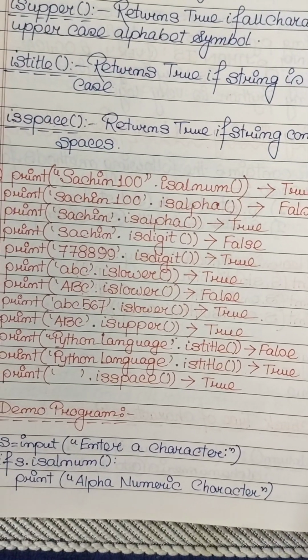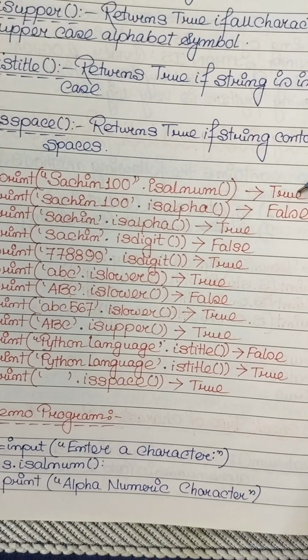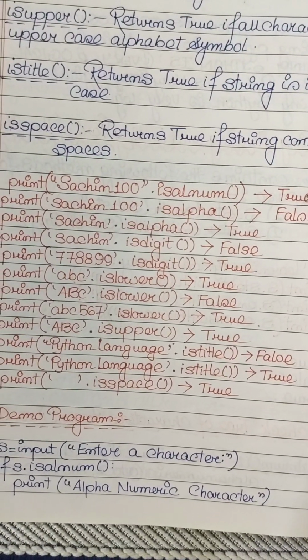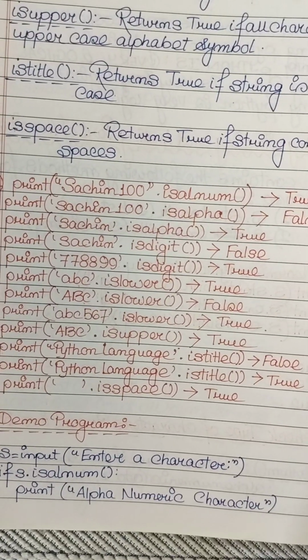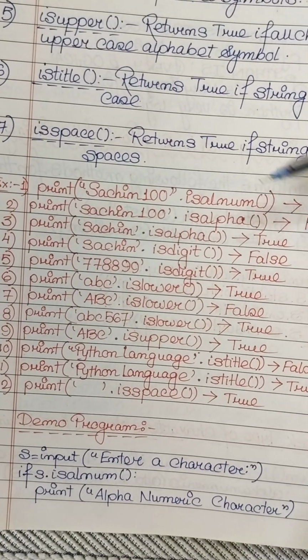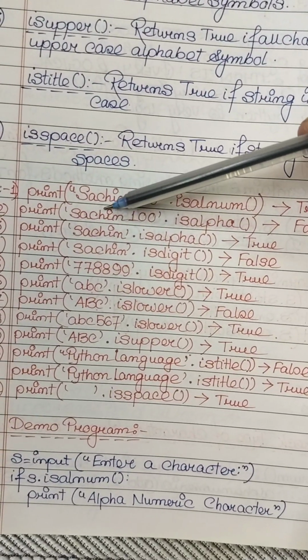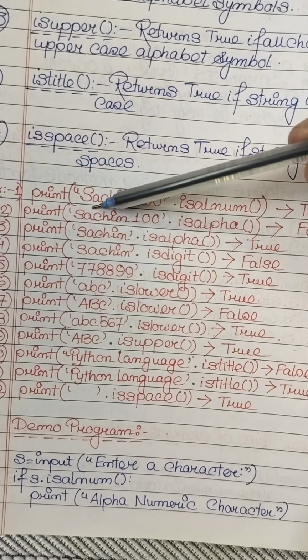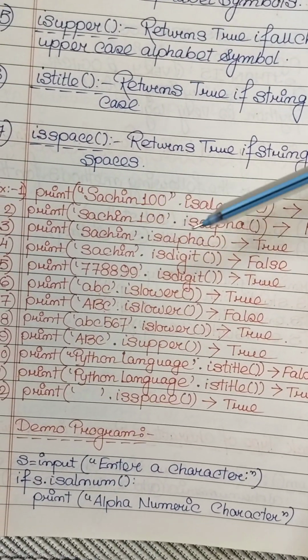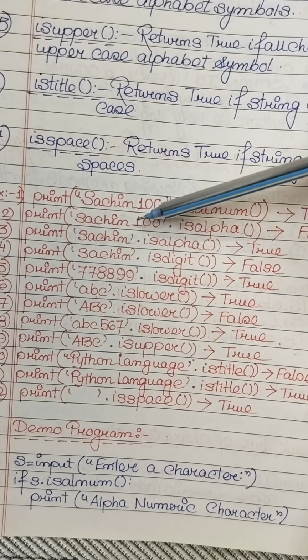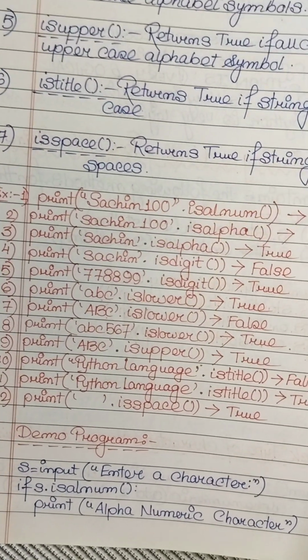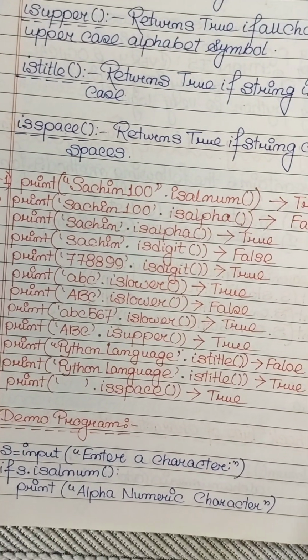Yes, it is true because there are numbers and alphabets in it. Print "Sachin100".isalpha(). No, there are digits and alphabets, a mixture of both, so it is false.